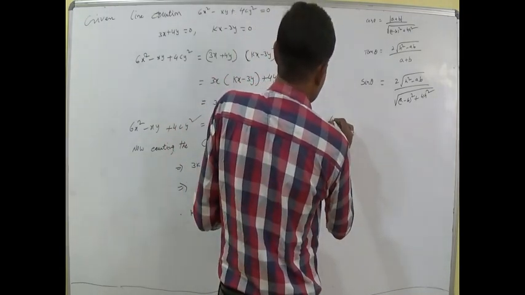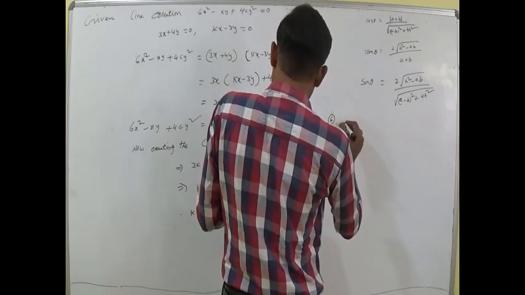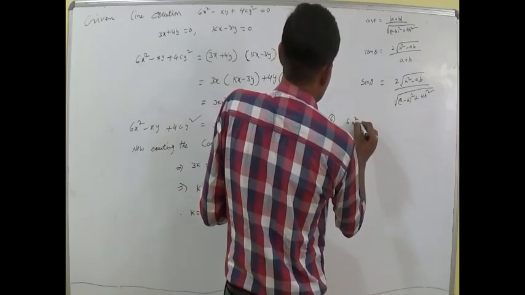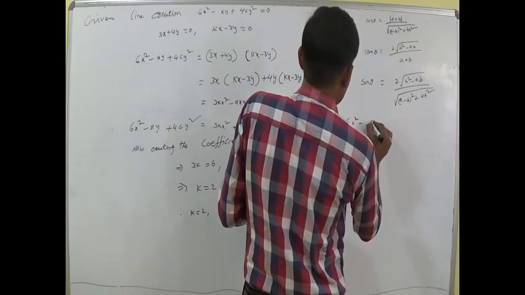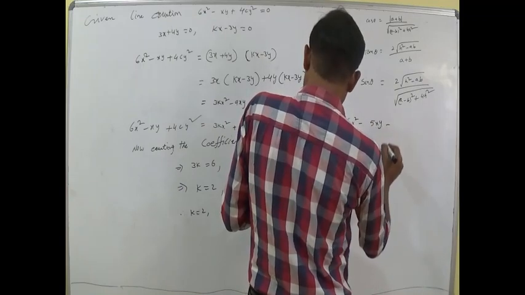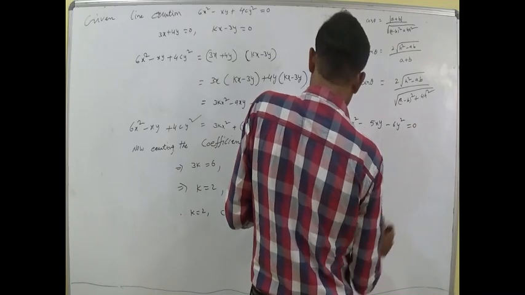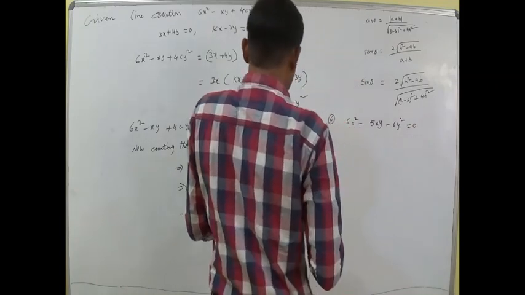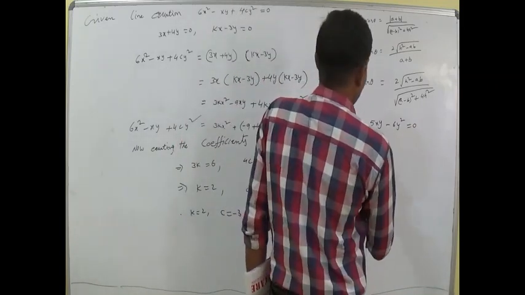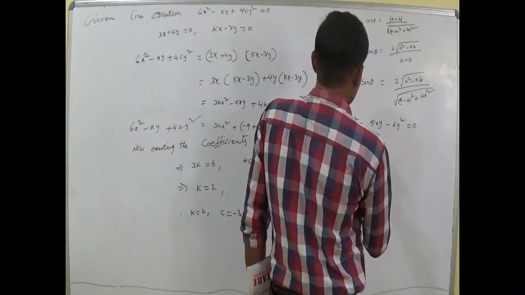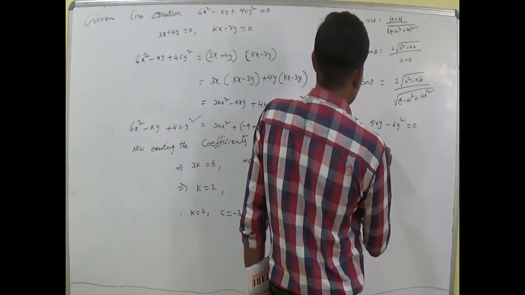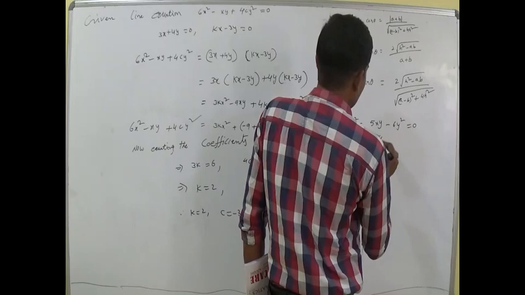Problem number 6. This is the given equation 6x square minus 5xy minus 6y square equal to 0. The angle is pi by 2, I mean to say theta is equal to pi by 2.